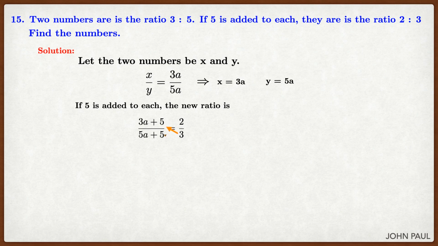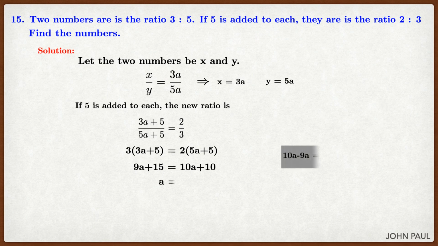Now cross multiply. 3 into 3a plus 5 equal to 2 into 5a plus 5. Now multiplying inside, 9a plus 15 equal to 10a plus 10. So by simplifying, we get a equal to 5.